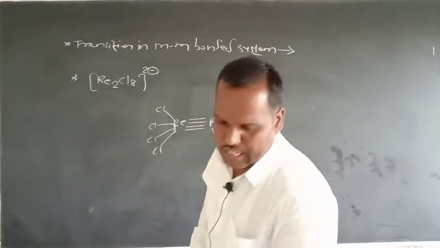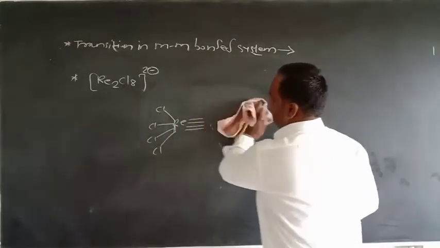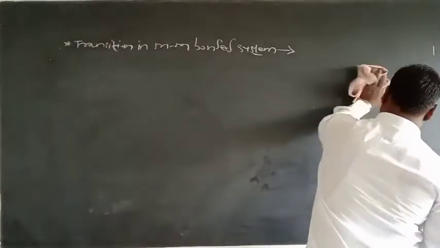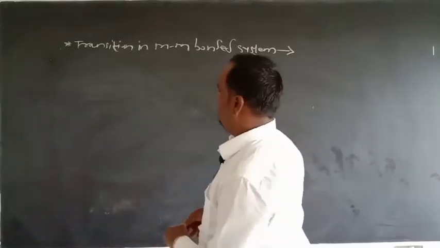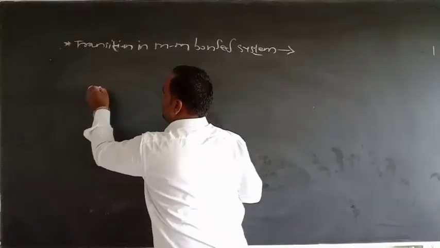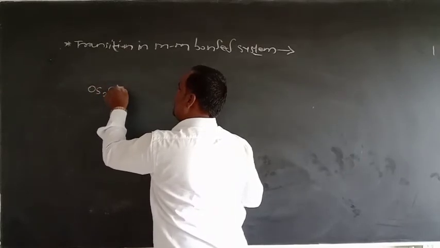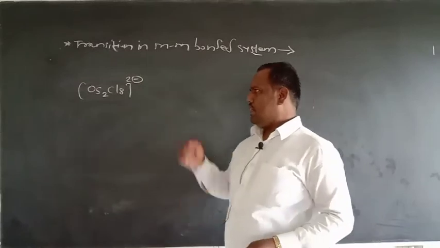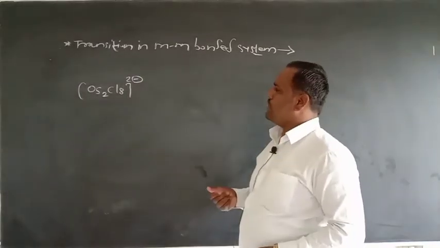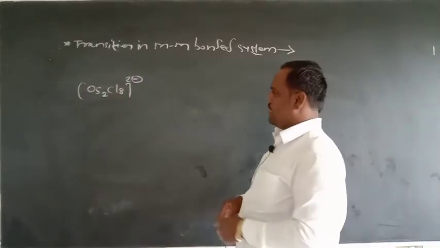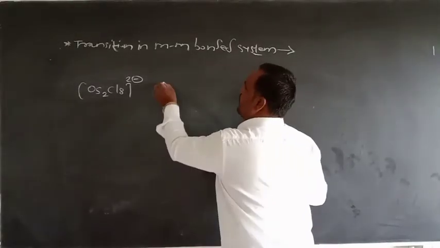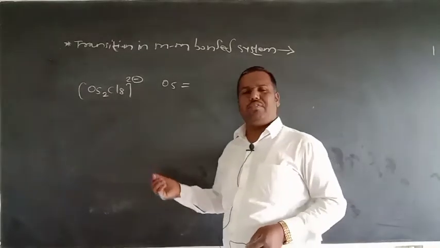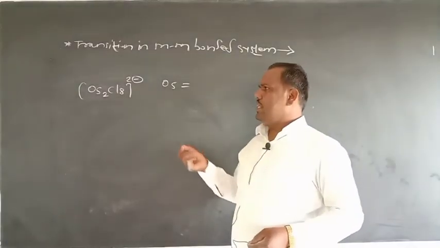If you consider another example of the same category, that is the osmium 2 Cl8 2- ion. So this is another complex. In this case, if you consider the configuration of osmium, osmium is a member of the iron family: iron, ruthenium and osmium.